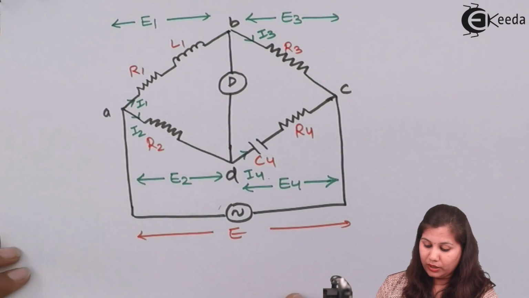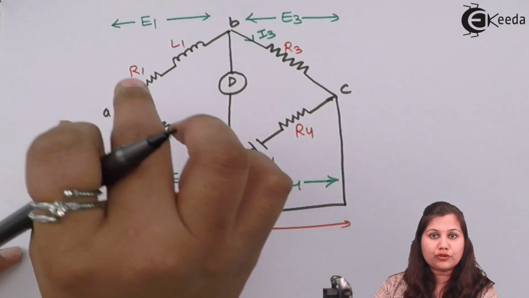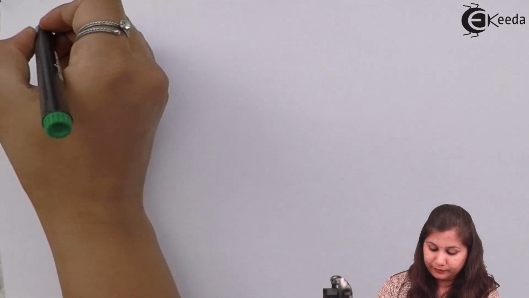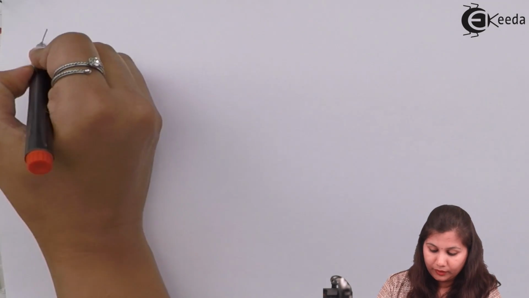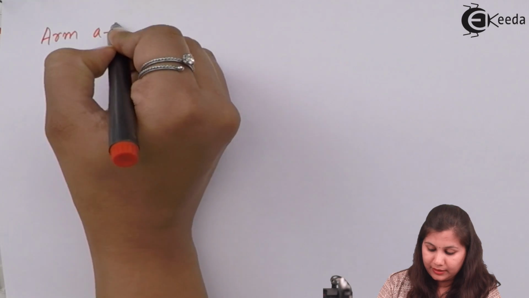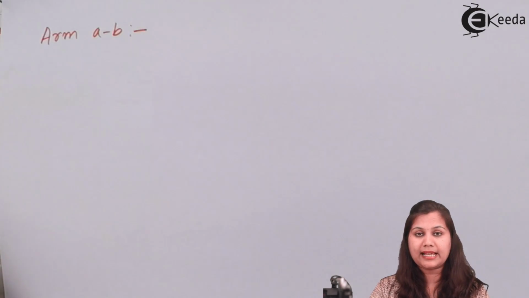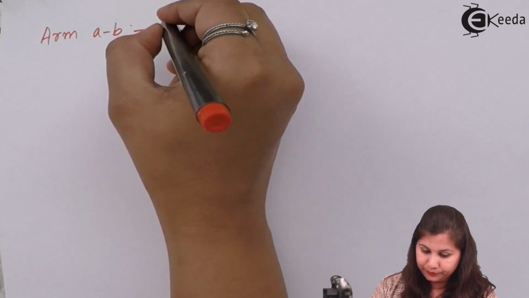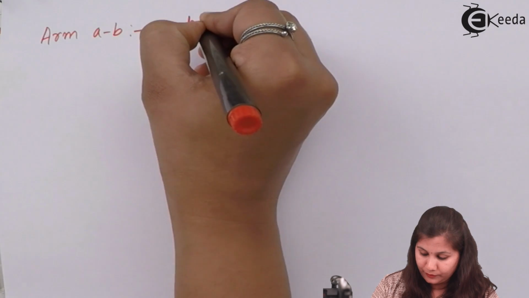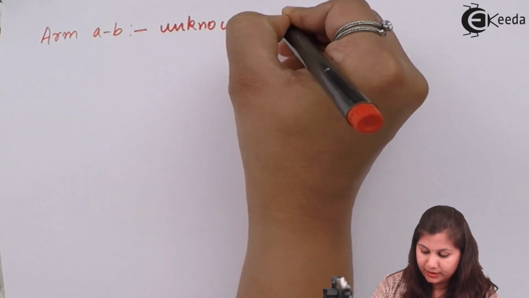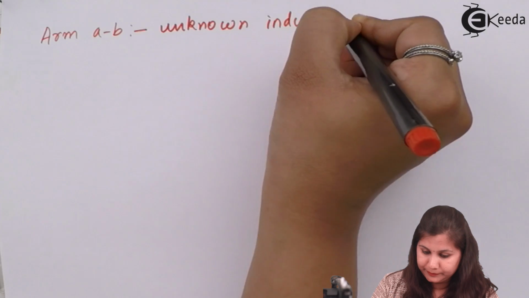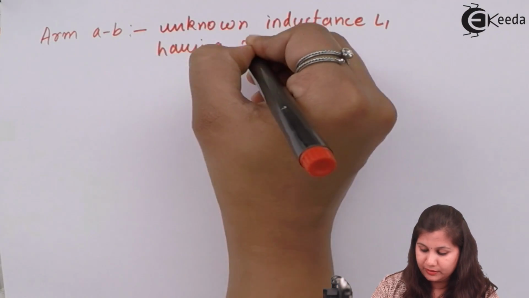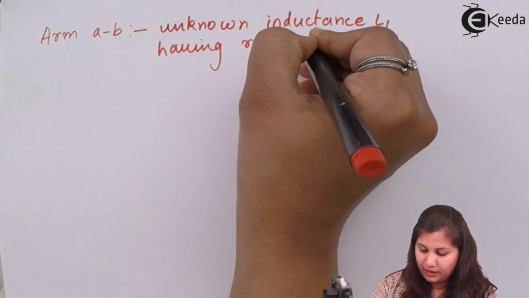Now we are going to write the configurations of all these arms AB, BC, CD and DA. Arm AB, as you can see in the circuit, has a resistance and inductance connected in series with each other. So it has an unknown inductance L1 and resistance R1.